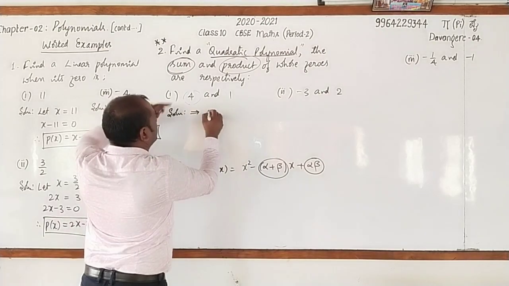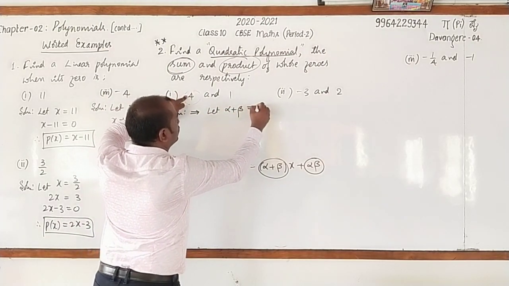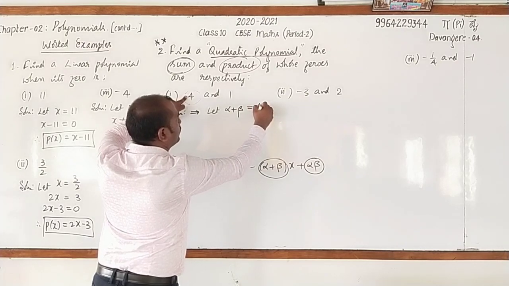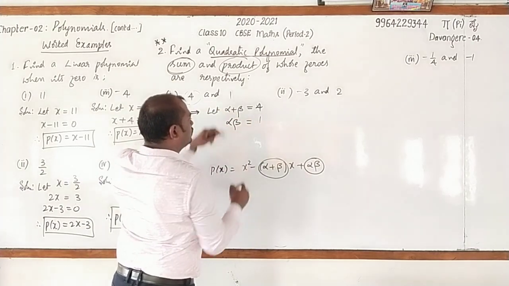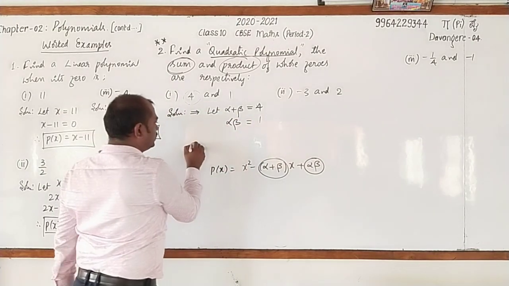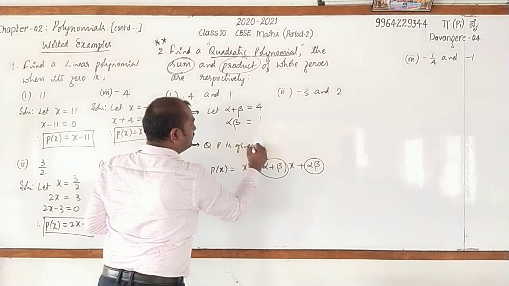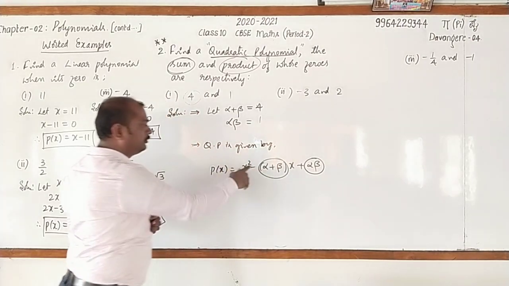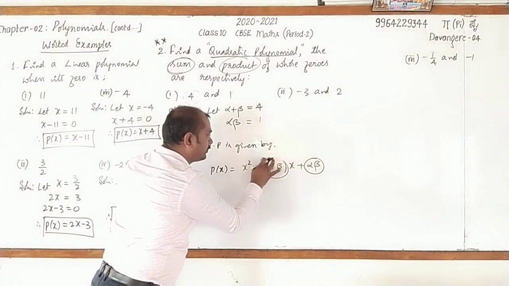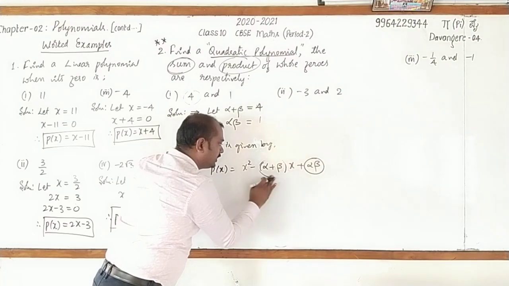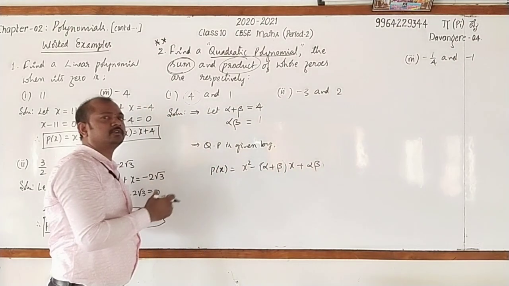Observe here. Let alpha plus beta equal to 4 and alpha into beta equal to 1. We know that the quadratic polynomial is given by p of x equal to x square minus of alpha plus beta into x plus alpha beta. Now I am going to substitute.